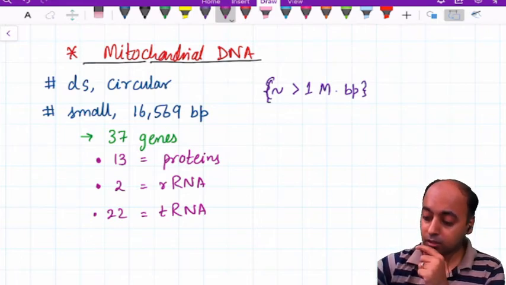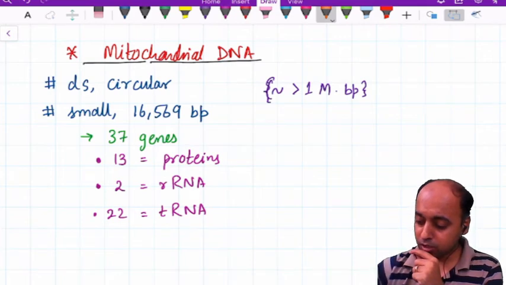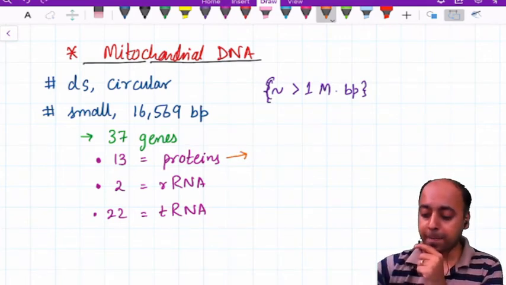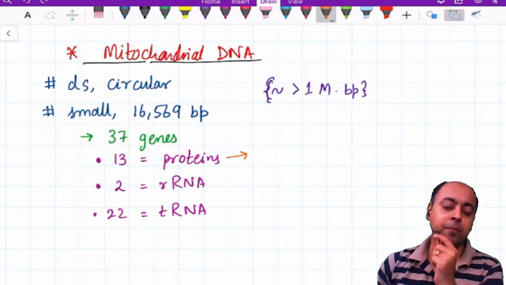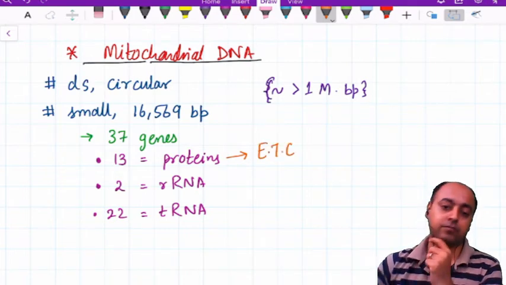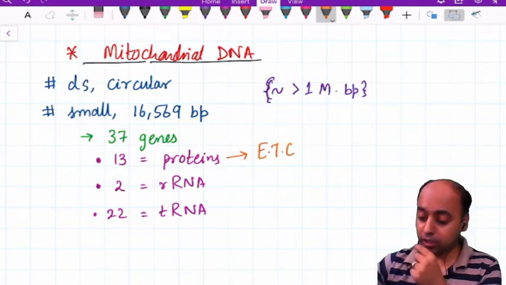Please note that all the proteins which are coded by the mitochondrial DNA belong to the electron transport chain.